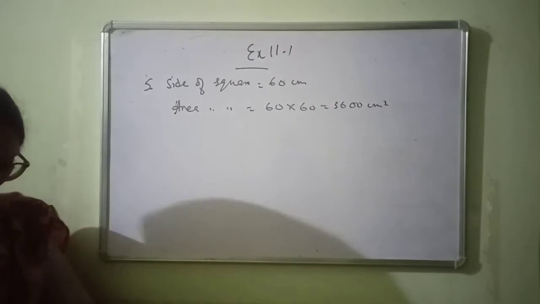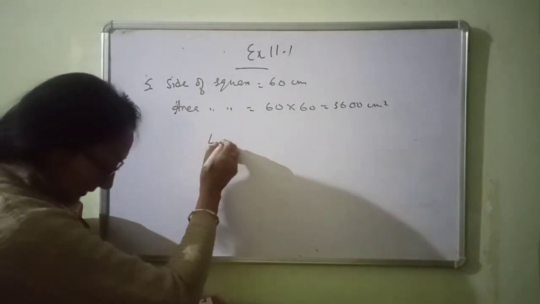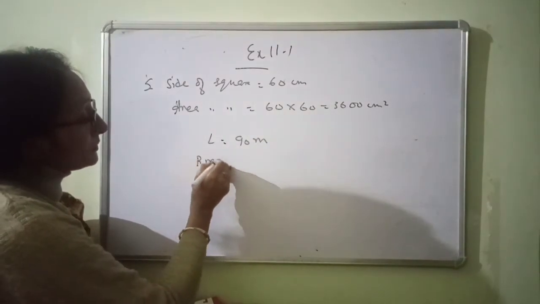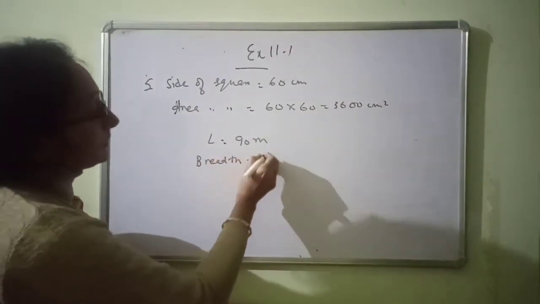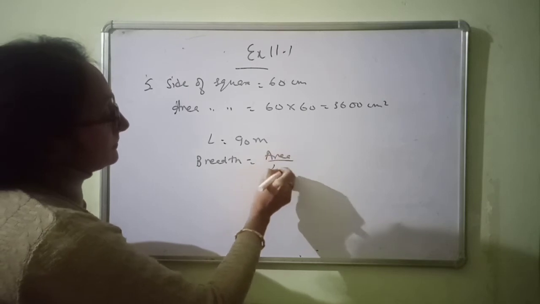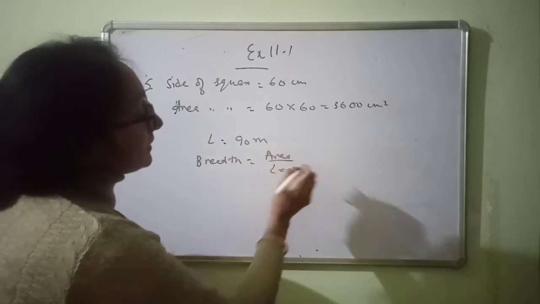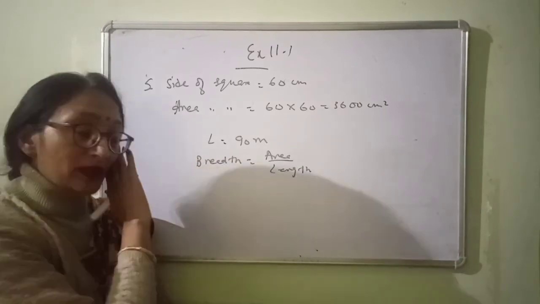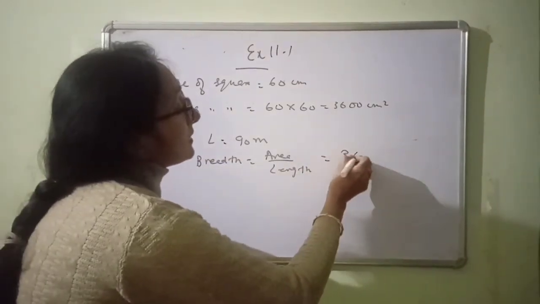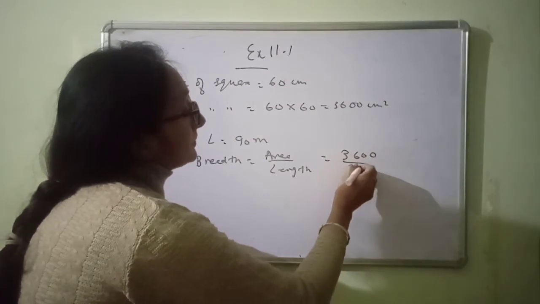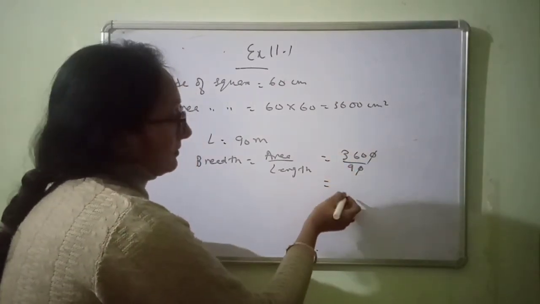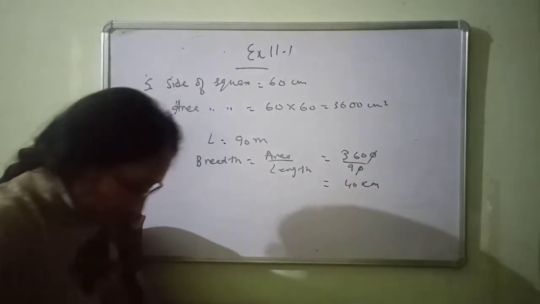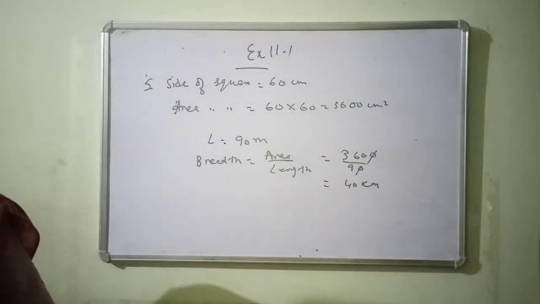And here the length of the rectangular park is given 90 centimeters. So we can find the breadth. Breadth will be equal to area upon length. See, in the question it is given the area of the square is equal to the area of the rectangle. So this will be equal to 3600 upon 90. Divide by 10, 40 centimeter is the breadth. This is the answer.